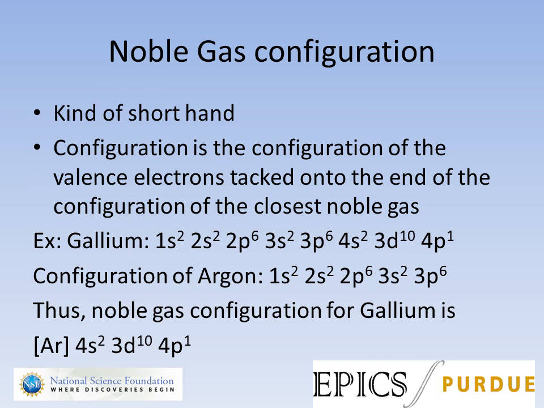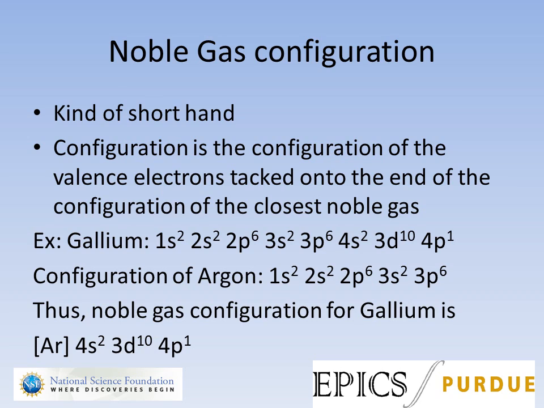As you could see with the previous examples of gallium and thallium, the configurations can get pretty lengthy as you progress down the periodic table. To shorten them up, a noble gas configuration is sometimes used. It is a kind of shorthand. The configuration is the configuration of the valence electrons tacked on to the end of the configuration of the closest noble gas.